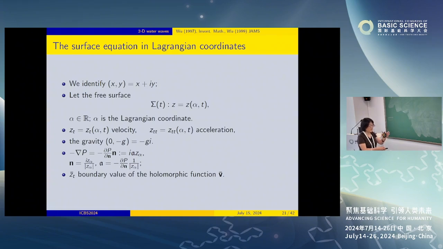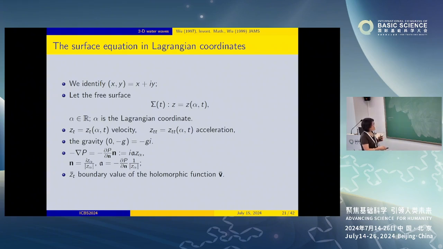You multiply by i, you just turn the tangential vector 90 degrees to the normal, right? So i z alpha is a normal vector, and you divide by its length, so it's a unit normal, so you can write it like this. Using this equation, you can figure out this little a is just negative dp/dn over 1 over |z alpha|, okay? So these are just notation.